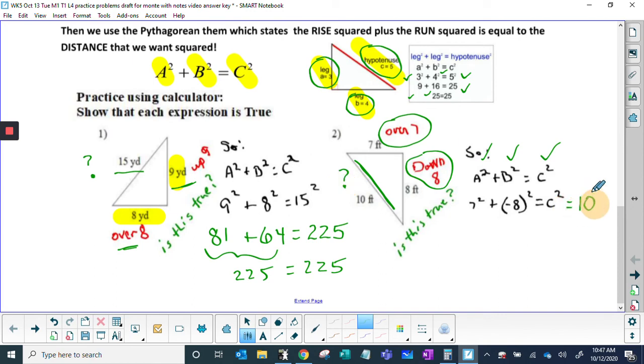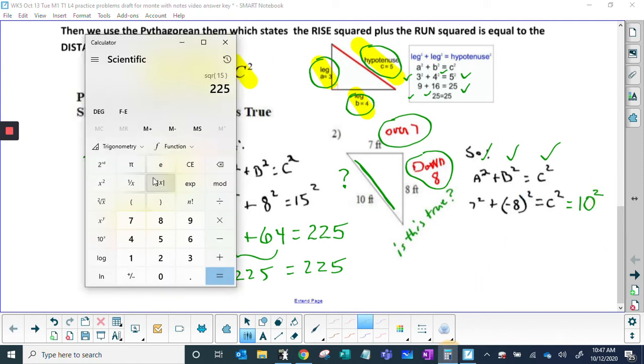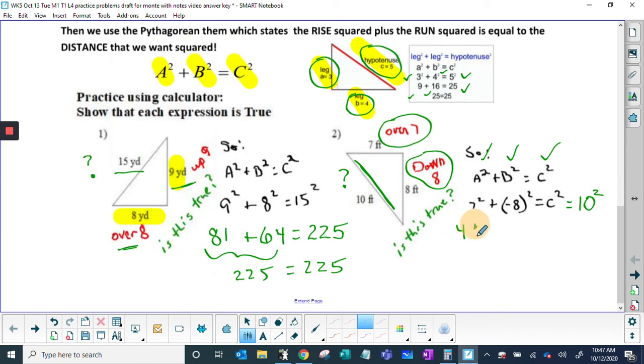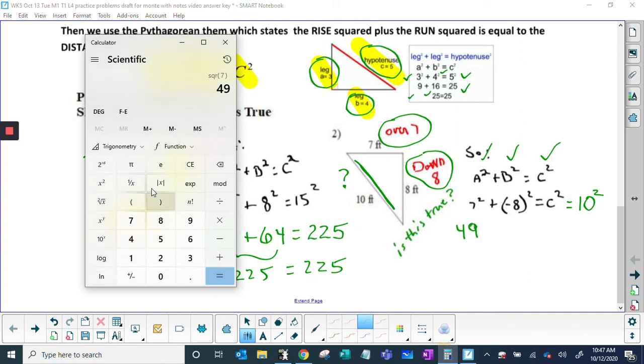Now, calculator, make sure that when you're doing these problems, 7 times 7, 7 squared is 49. Now, here's a common mistake right here. Okay, let's try negative 8, negative squared. Hey, 64.